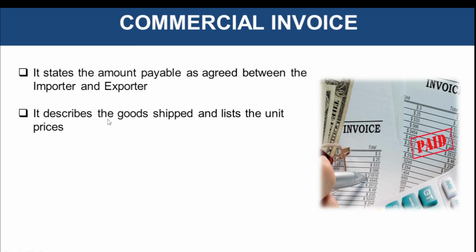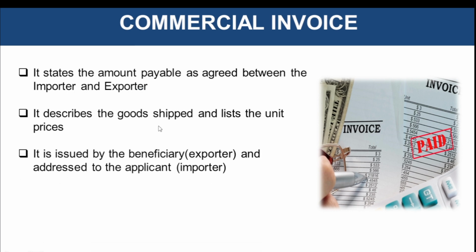It would describe what goods are being shipped from one location to another. So it would mention the amount as per the agreement. Let's see, it is issued by the exporter and addressed to the importer. Here it is mentioned as beneficiary and applicant. Please don't get confused with different names. It is as per letter of credit.